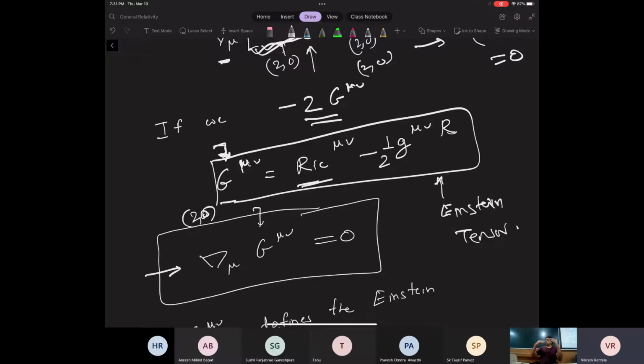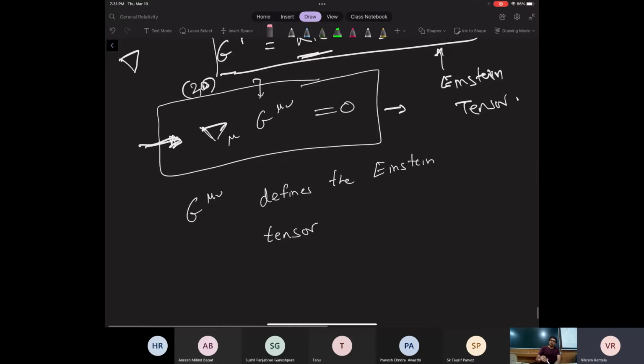We can always raise and lower the indices, it doesn't matter, and you can always raise and lower the indices inside the derivative, because the derivative acts trivially on the metric. It doesn't differentiate the metric, because that's what we mean by an affine connection which is compatible with the metric. So we're saying that del mu g mu nu is 0, and this defines some Einstein tensor.